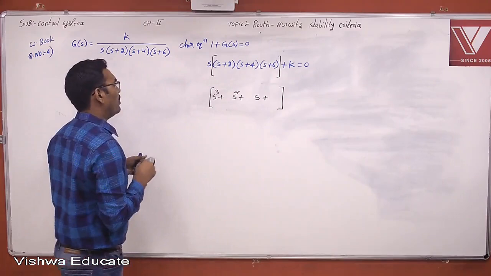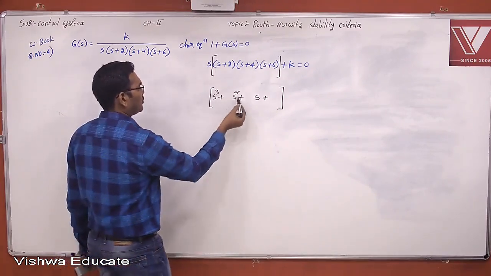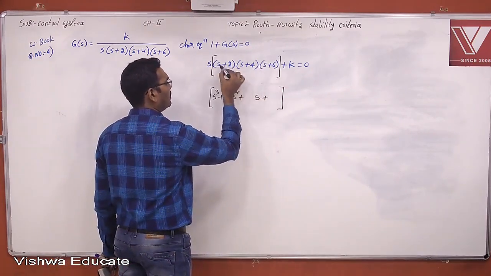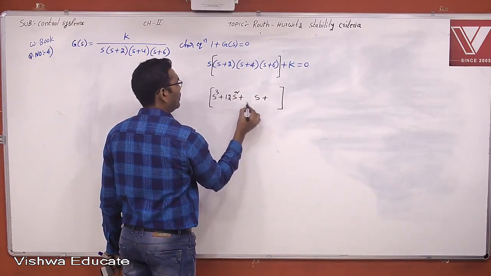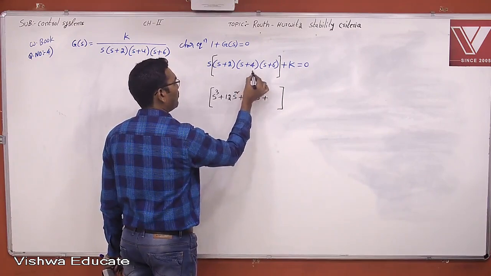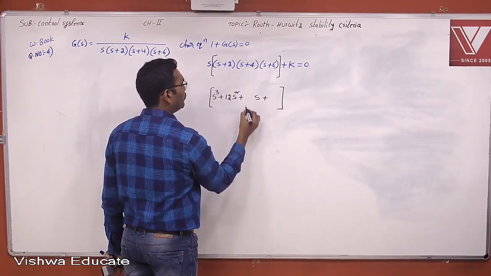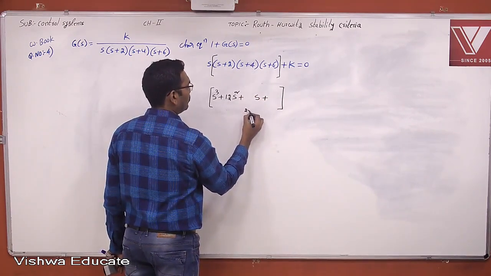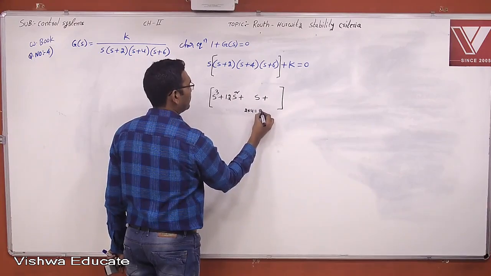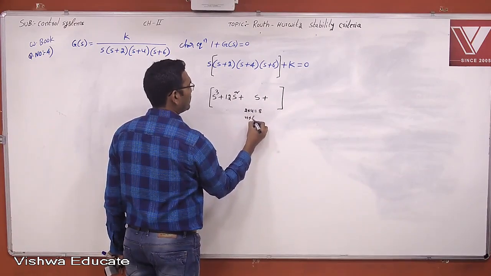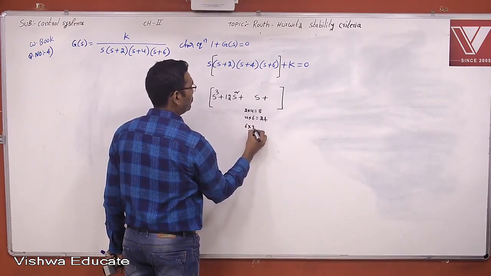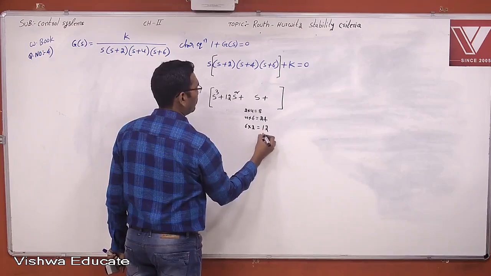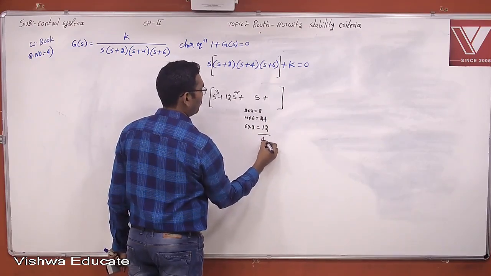Now I give the shortcut one by one. The s square coefficient is nothing but the sum of all these 3: 6 plus 4, 10, plus 2, 12. The s coefficient is nothing but the sum of products of these 2 at a time: 2 into 4, 8; 4 into 6, 24; and 6 into 2, 12. So 20, 24, 44.